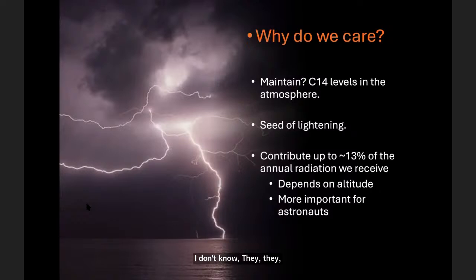The problem is that we humans are modifying this. So cosmic rays now cannot keep the same levels of carbon-14. So now it gets harder and harder for people to use carbon-14 to get the age of things, which is not a big problem, maybe, right?